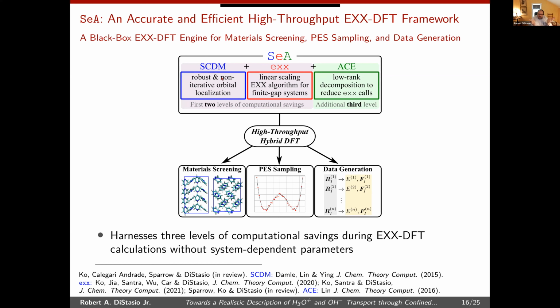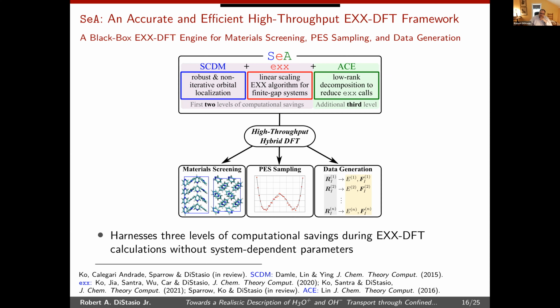It's a non-iterative orbital localization method that doesn't, so again, with MLWFs, they're great, don't get me wrong, but they require some system level or system specific optimization parameters, right? Not every method, not every system converges. You have to deal with the initial guess, right? The algorithm that you use to do the optimization. So we're replacing that to make it a black box engine, even though the SCDM orbitals will not be exactly as tight as the MLWFs in every sense of the word, right?